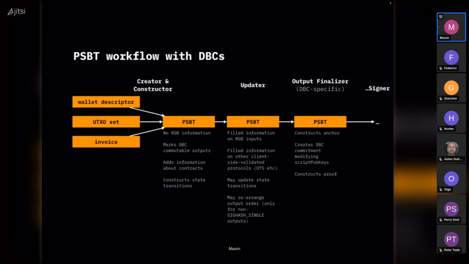Okay, so basically regarding the PSBT workflow, the existing standards on PSBT define clear roles, namely the first version of PSBT defines creator, updater, signer, finalizer, which is actually input finalizer, and extractor. The second version of PSBT adds to that list a constructor.